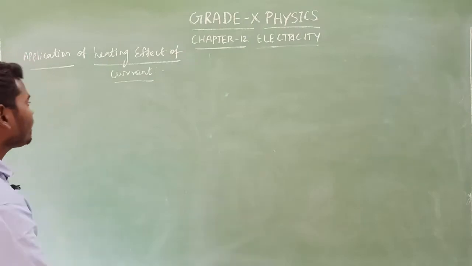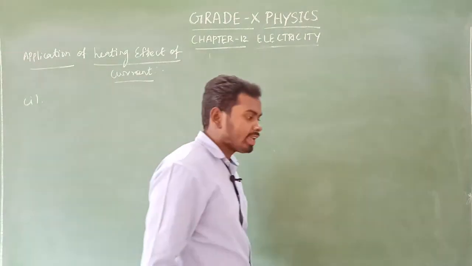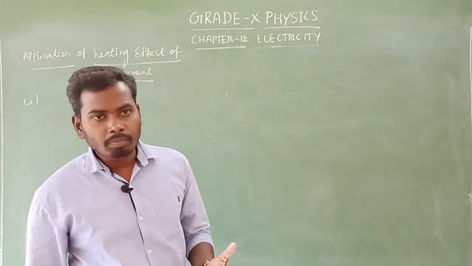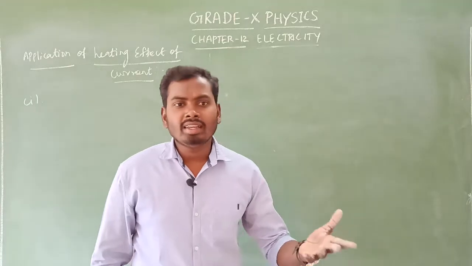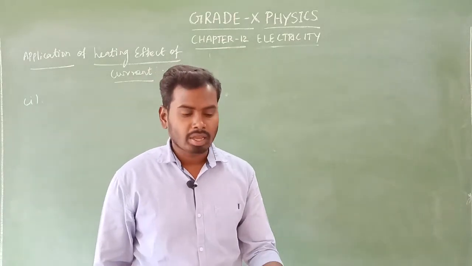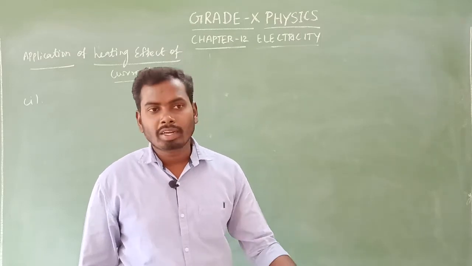So what is that application, sir? First application. What is the first application? The heating effect of electric current is utilized in electric heating appliances such as electric iron, toaster, microwave oven, water heater, room heater, and so many things.